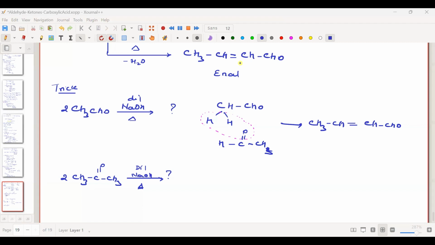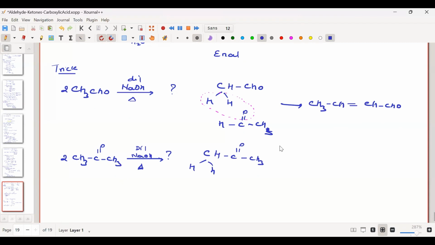Okay, let's do this. I need to remove 2 alpha hydrogens from one unit, and I need to remove the oxygen from the other unit. So how can we write the first unit? CH3, C double bond O, CH3. That's my first unit. In the second unit, can we write CH3, C double bond O, CH3?